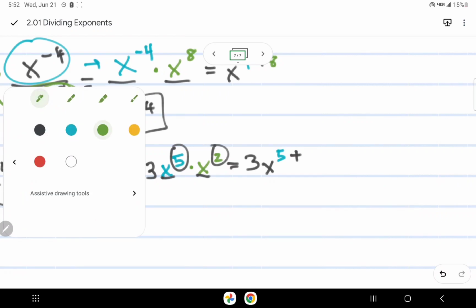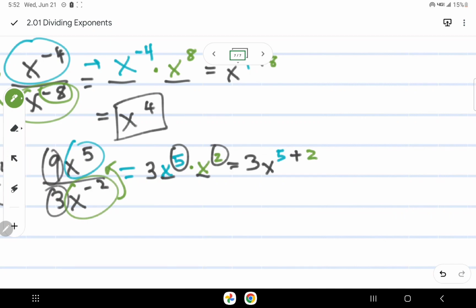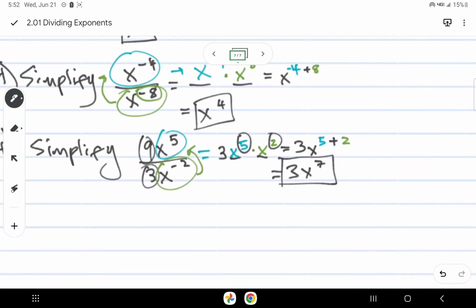So 5 plus 2. And now I'm just going to write down the 3. X is the base. 5 plus 2, that is just 7. Hence, the answer is 3x to the power of 7. Okay.